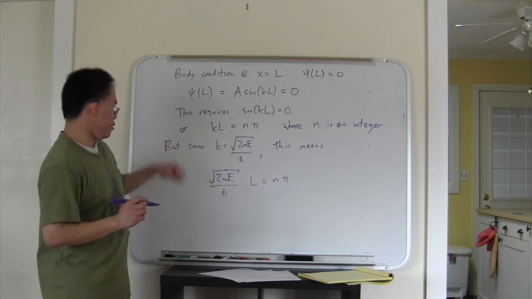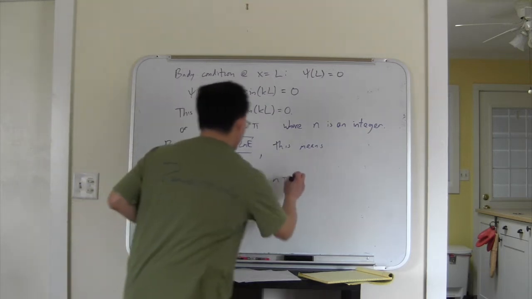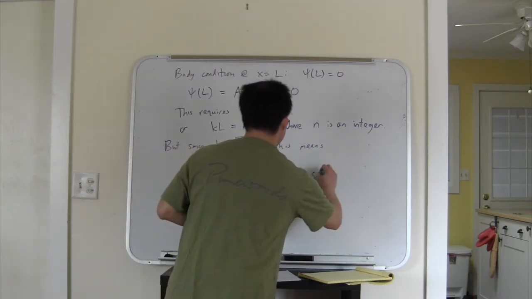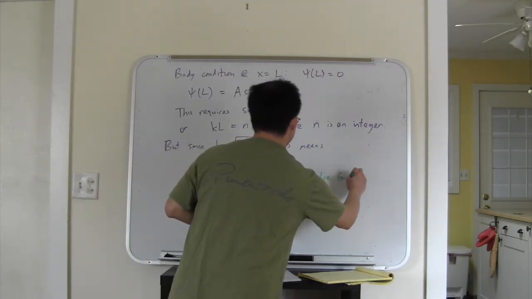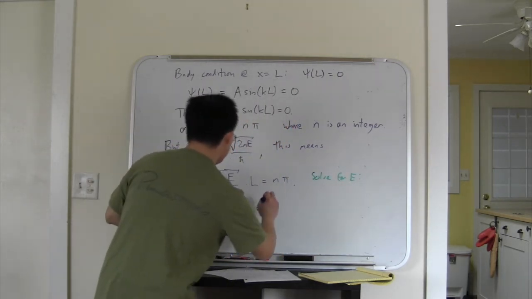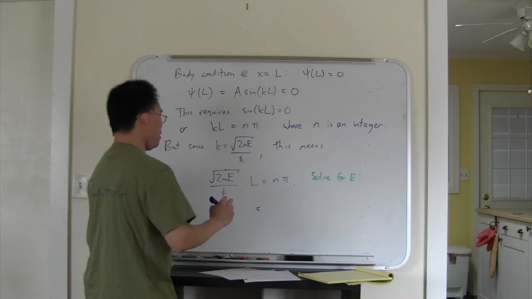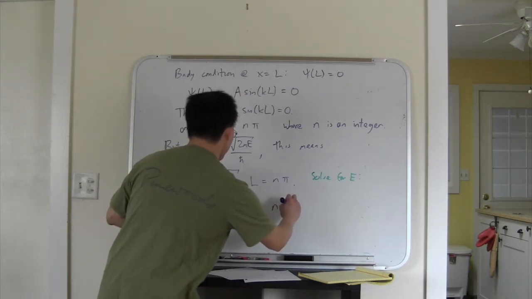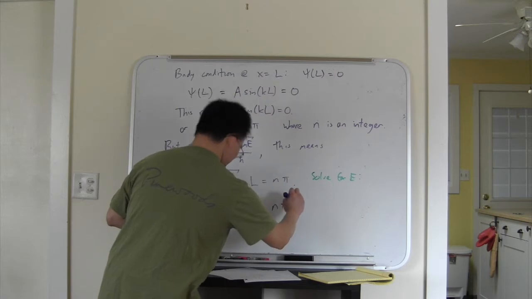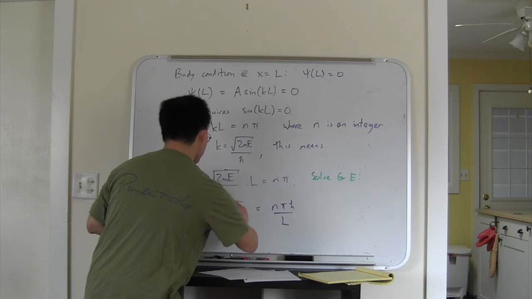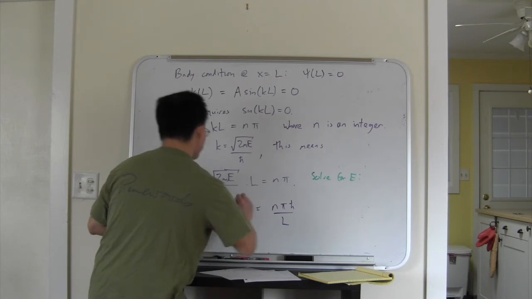so I solve for E. I'll do a little bit of the algebra. I think you can convince yourself that I'm going to get an n and a pi and an h bar and an L downstairs equals the square root of 2mE.